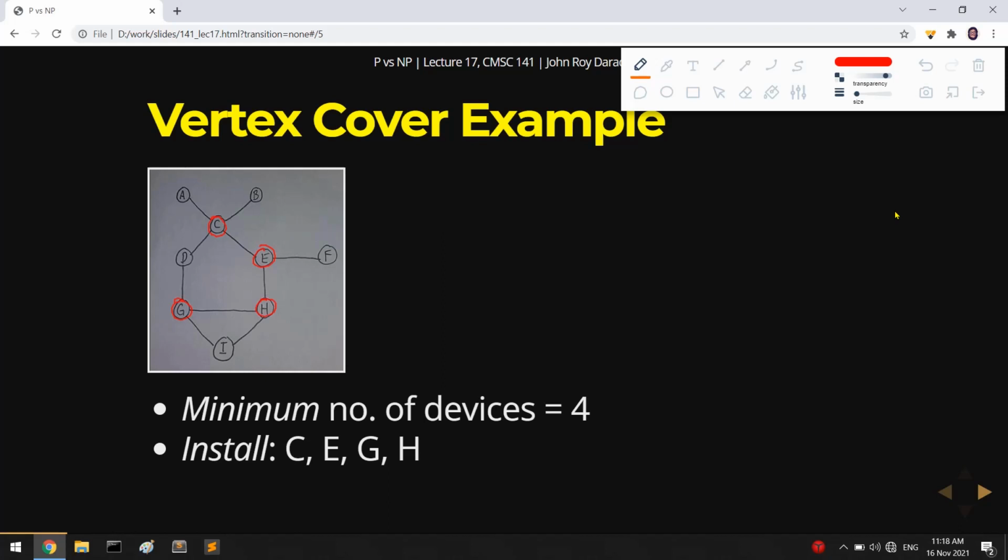And these 4 monitoring devices will monitor this line, this line, this line, and this line from C. And then from E, it can monitor E to F and E to H. From G, it can monitor G to D, G to H, and G to I. And then finally from H, it can also monitor this one. Okay, so C, E, G, and H. So that was the problem of Alice, right?